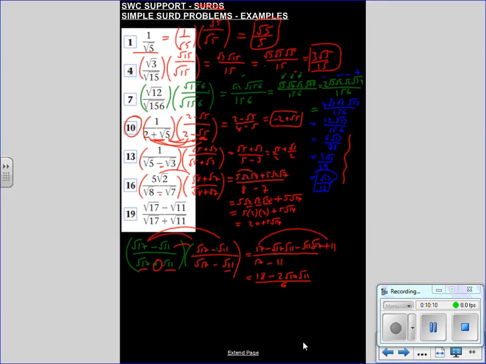But essentially, we should now just be able to simplify by taking out a factor of 2. So 28 divided by 6, minus a third, root 17, root 11. And we'll leave it there. Because 17 and 11 are prime, that can't be broken down anymore.